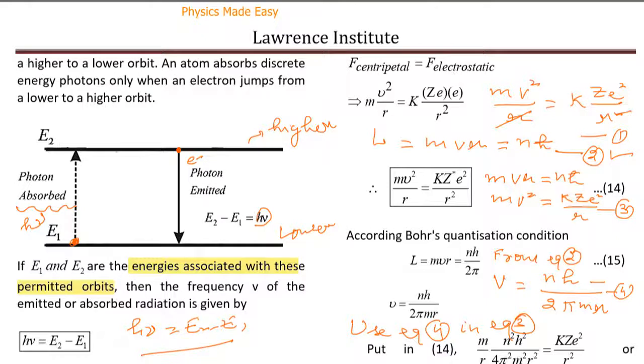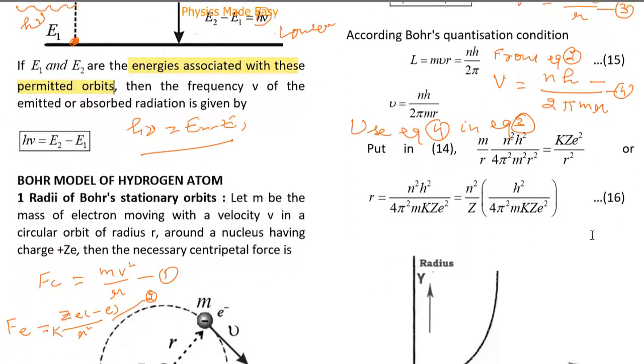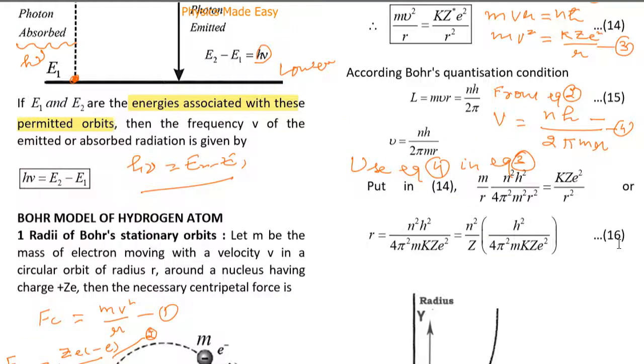We shall be putting this value, v square, first I will be putting the value of r. But I will write it directly, that will make things easier for you. Otherwise, the expression will start looking complicated.